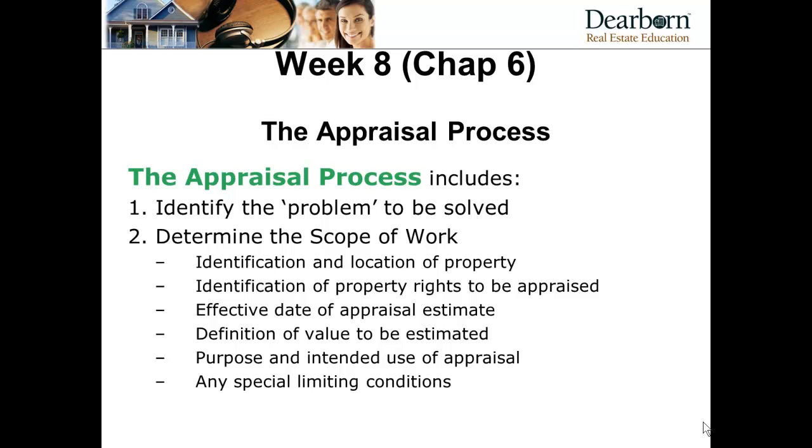It's fairly standardized in residential lending, but especially in commercial or private appraisals, there may be some special requirements or limits on what you can do that need to be clearly stated in the report, so that if there's any question down the road, that you can look back to what you agreed to do or not to do as part of the appraisal process.